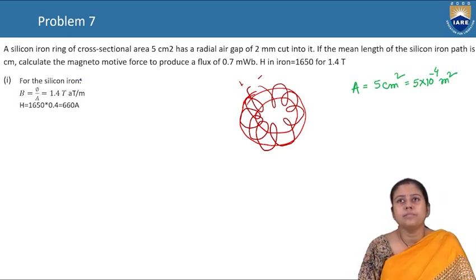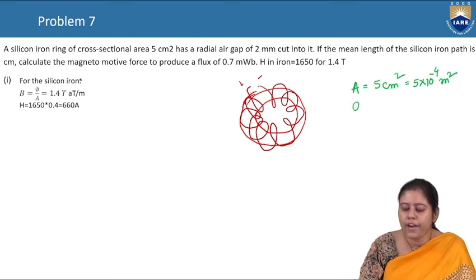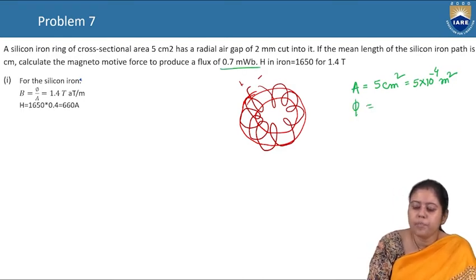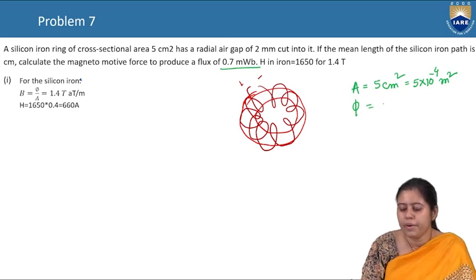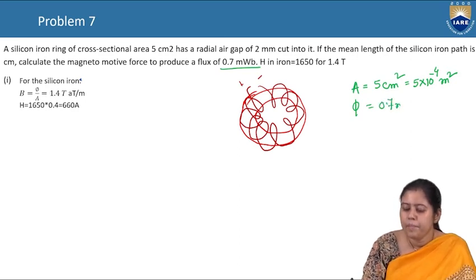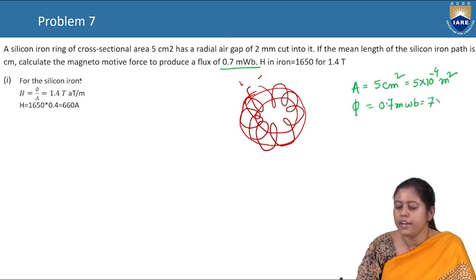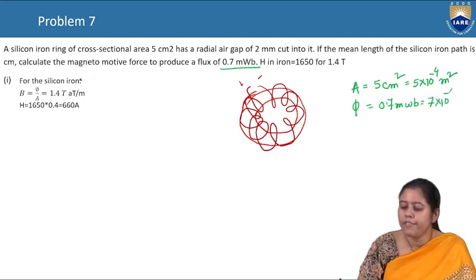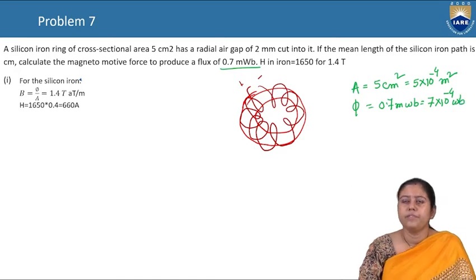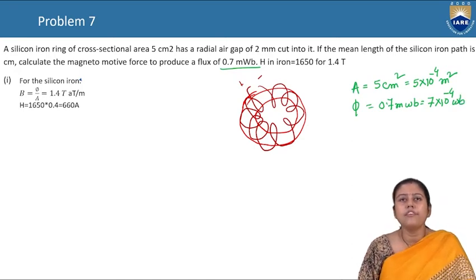What is the flux? The flux produced phi is equal to 0.7 milliweber, so we can write 7 into 10 to the power minus 4 Weber. So these two values are given first.